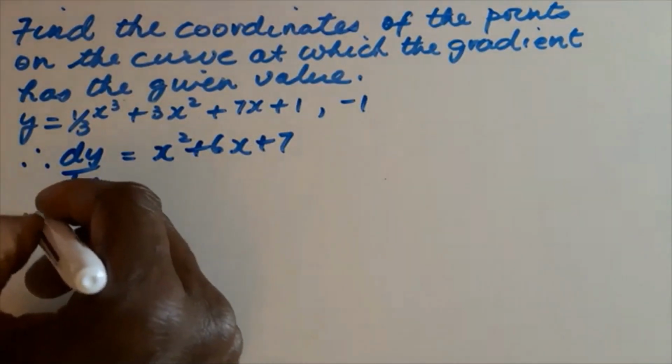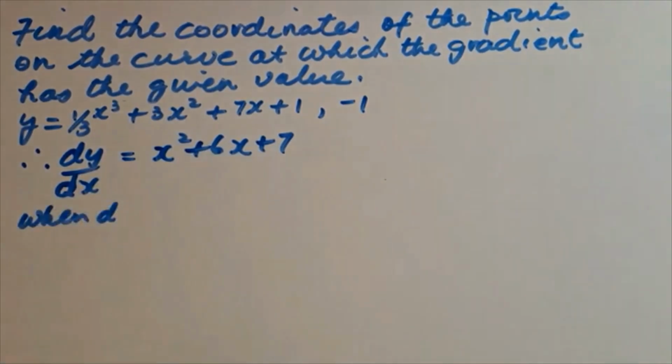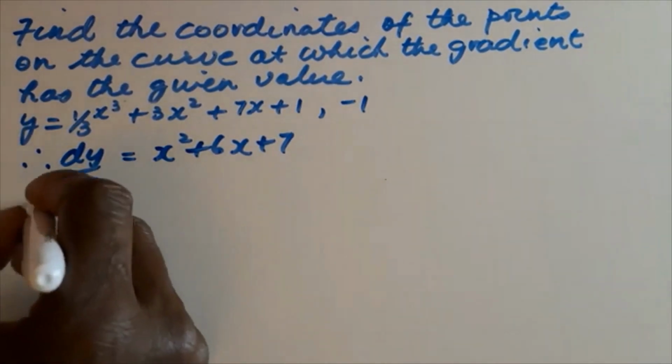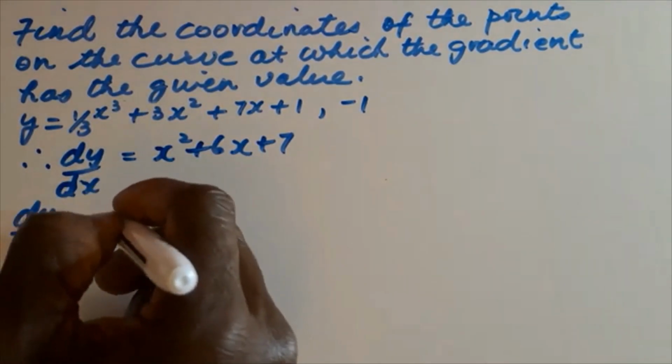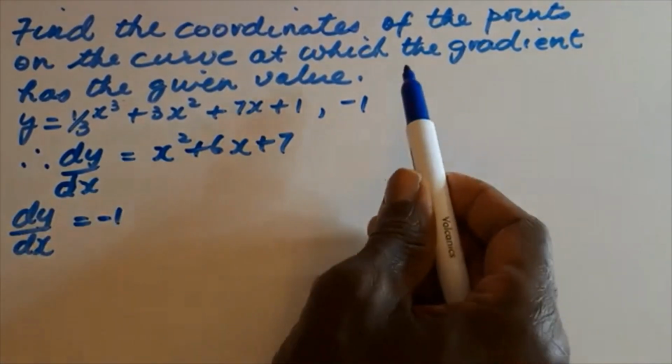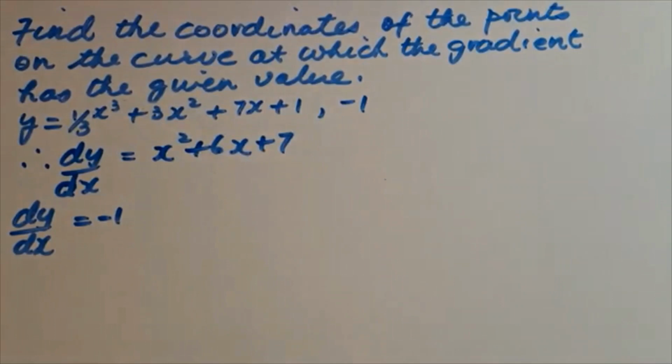So when dy dx is equal to -1, because they said at which the gradient has the given value -1, the gradient is the same as saying dy over dx.